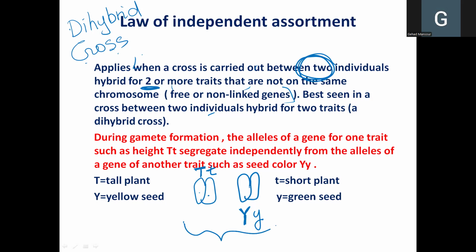So when Mendel carried out this experiment, he was no more focusing on one characteristic only, but he was focusing on two characteristics. And that's why it is called di, not mono. Why do we say hybrid? Because each of the two plants was hybrid for each of the two selected characteristics, of the two characteristics on which Mendel focused.